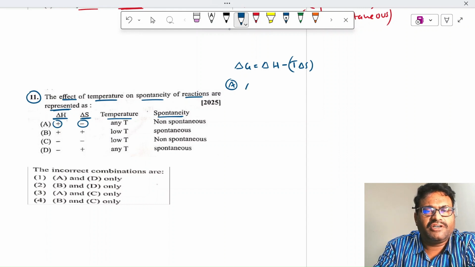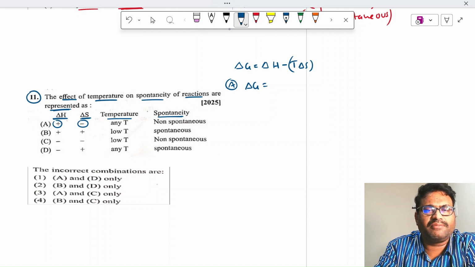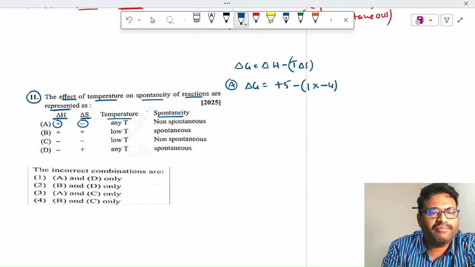Let us understand it in the form of numbers. I am taking delta H as plus 5, T as 1 Kelvin, and delta S as minus 4 units because it is given minus.